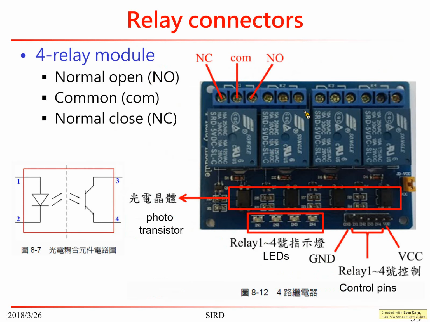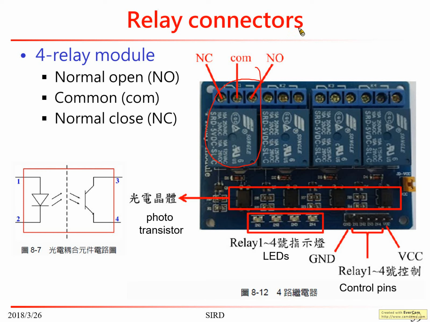So usually you can buy just one single relay, like our board here. And you can have maybe a 2 or 4 relay module, or maybe an 8 or 16 relay module, especially used in hotels.